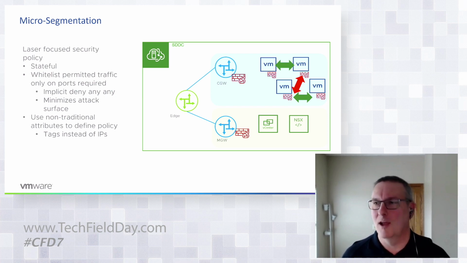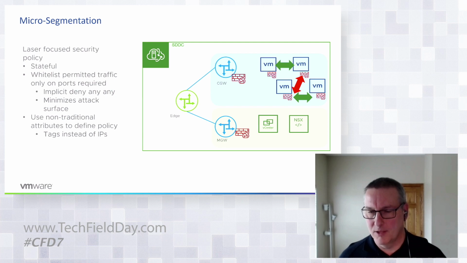Granted, it works both ways, right? I could also screw it up and expose it by applying the wrong tag, but it's much more flexible from a tagging standpoint than it is to use and take advantage of having to have a Rosetta Stone document of the IP addresses of every machine across my entire enterprise.